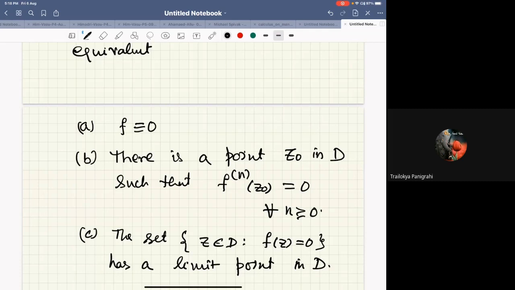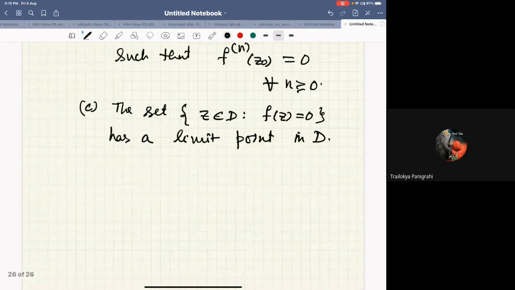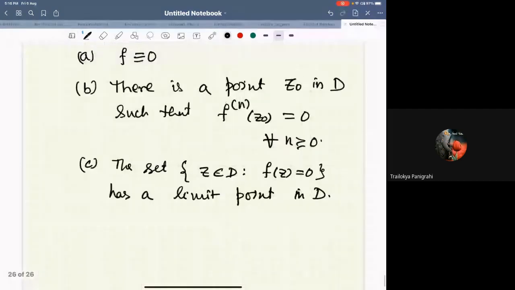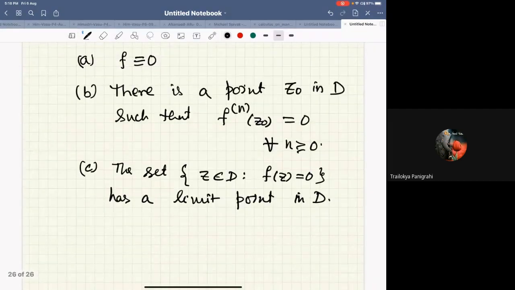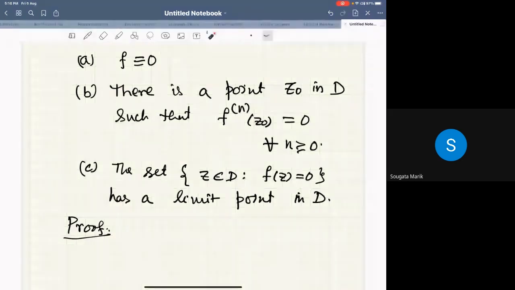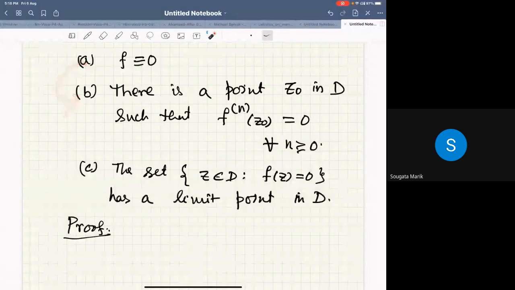So let me prove. Which one is clear? Among these, which one is clear? B implies A, sir. C implies B. Okay. Now I will ask you whether A implies B. Is it clear?